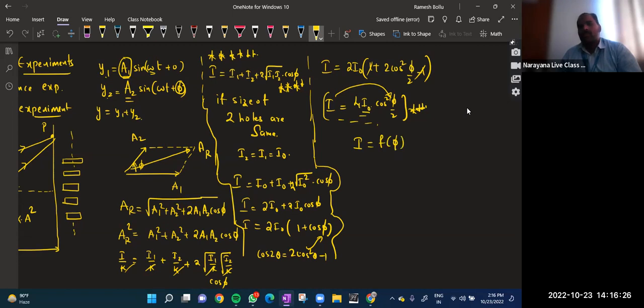Correct or not? As I told you, a bright band is formed means what? Intensity will compulsorily be maximum. A dark band is formed means intensity will be how much? Compulsorily minimum. Now tell me the condition for maxima.